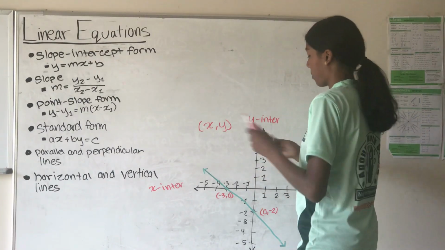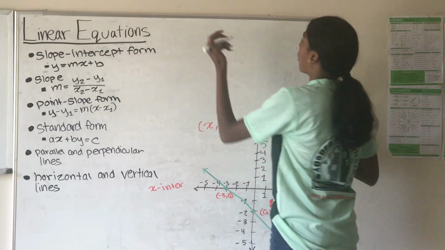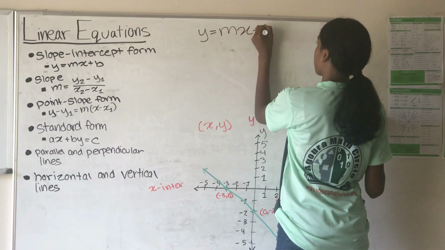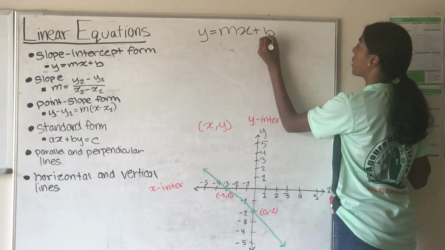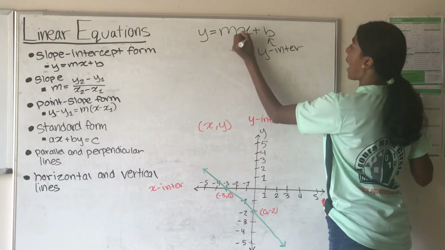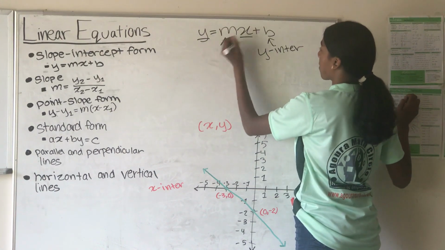Slope-intercept is, I'm just going to write this in black, y equals mx plus b. In this case, b is going to be the y-intercept, x is going to stay as it is, so is y, and m is going to be the slope.